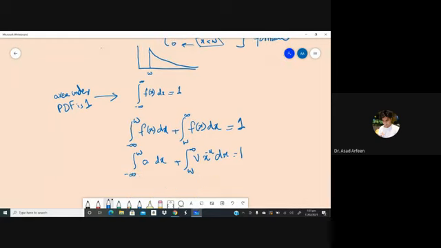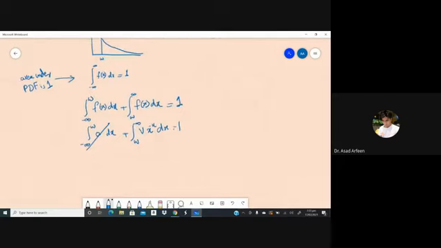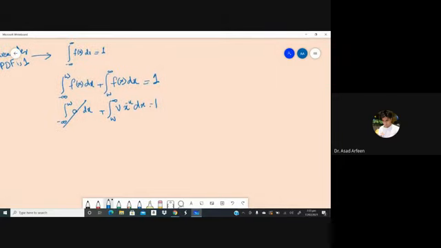So this part is gone, and we are left with the integral from w to infinity of v x to the power minus u dx equal to 1. We can take the v out.